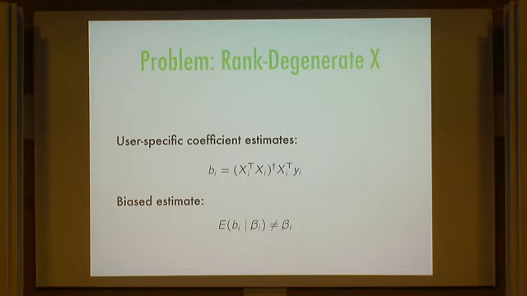Basically what ends up happening is that there are directions determined by X in which you get information about beta i, and everything orthogonal to that, you get no information. So if I've only seen action movies, it's possible that my expected action estimate is unbiased. But if I've never seen a drama movie, the best I can do is estimate 0, and that's going to be a biased estimate of the true coefficient.